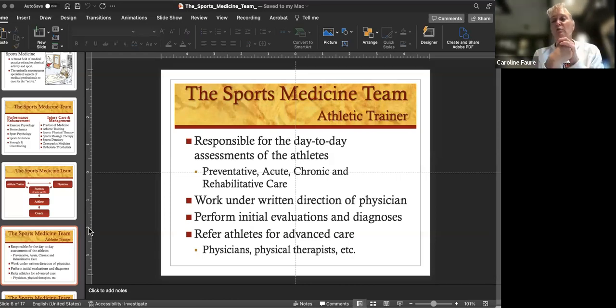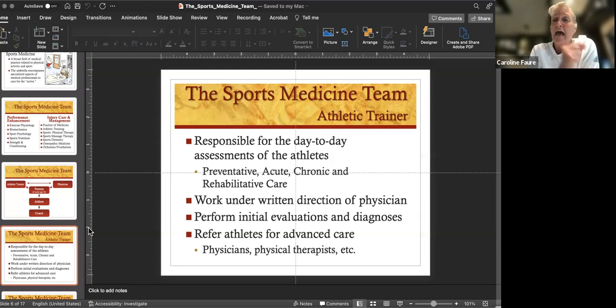A chronic injury, also called an overuse injury, happens over time. So think about those runners. I like to think in Idaho about our track and field programs. They get out there in March, and it's always still cold and snowy here in Idaho in March. And these kids are out there in cold environments. And after about 2 weeks, my training room was flooded with kids complaining of shin splints.